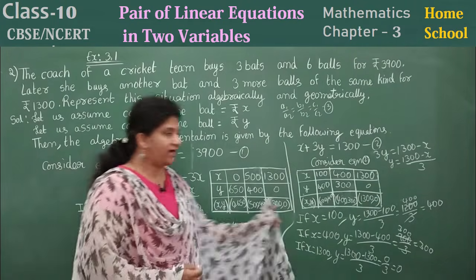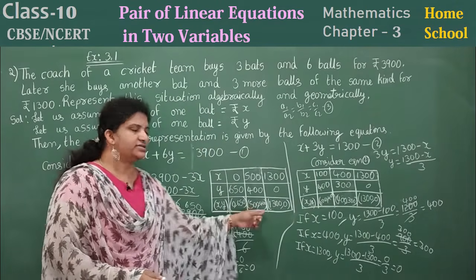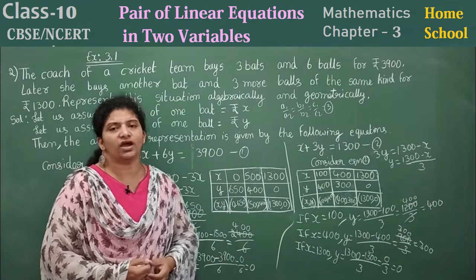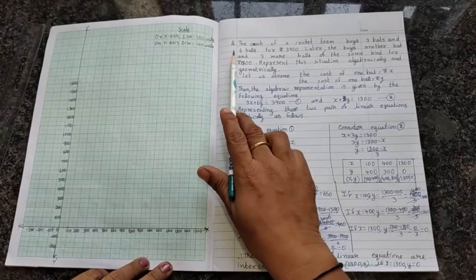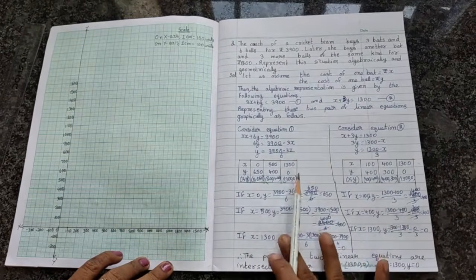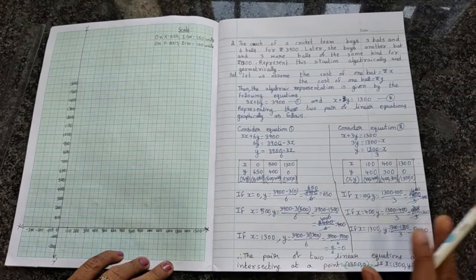See here, we have 3 coordinates in this table and 3 coordinates in this table. By using these 3, we are going to plot in the graph. So look here, children, this is your second problem. I have written the problem in the rule sheet. I have solved it on the board now. This is all we have solved, right?